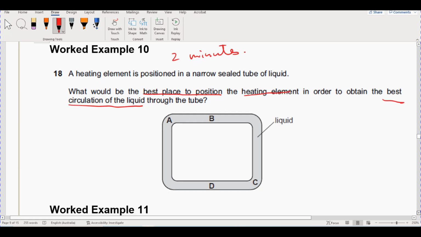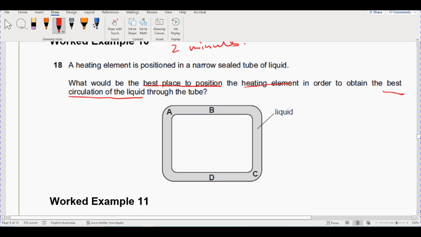Okay, so obviously A and B won't be the answer, right? Because if you want to heat up something, you always place the source of heat at the bottom of the system, not on the top, because you need that hot liquid to have some place to go.